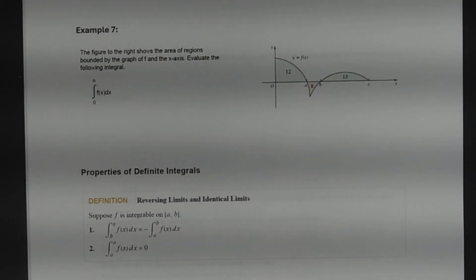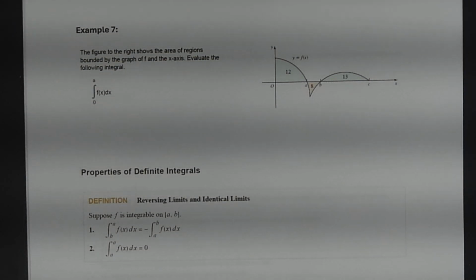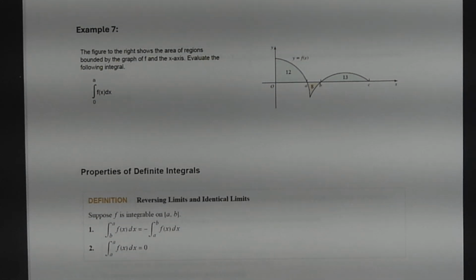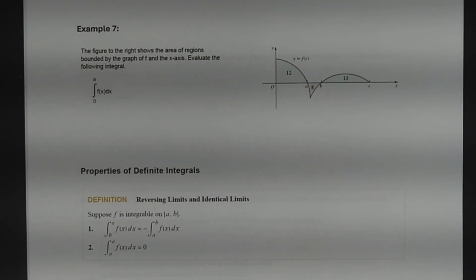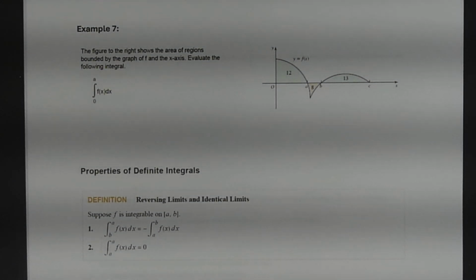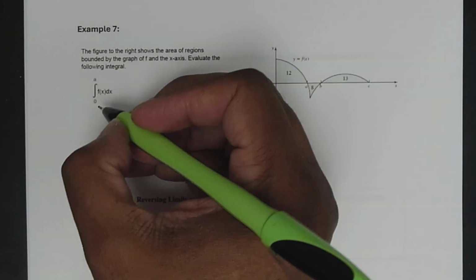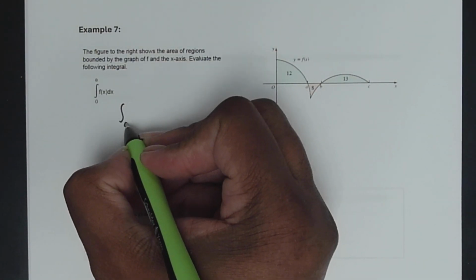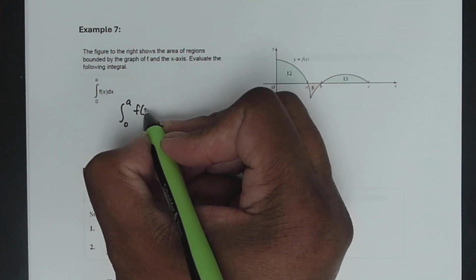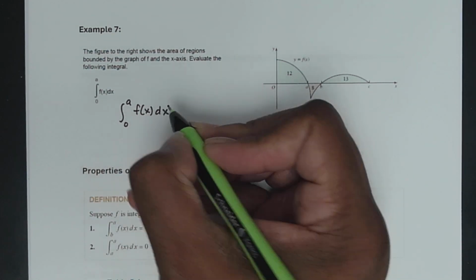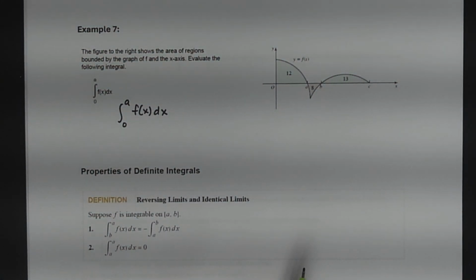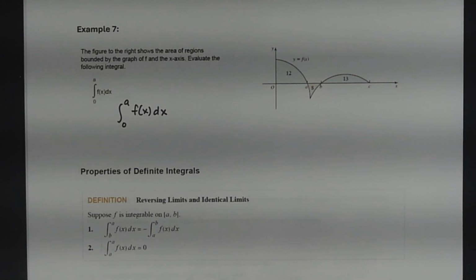Example 7 looks like this. The figure to the right shows the area of regions bounded by the graph of f and the x-axis. Evaluate the following integral. In this case, we have the integral from 0 to a of f of x dx.